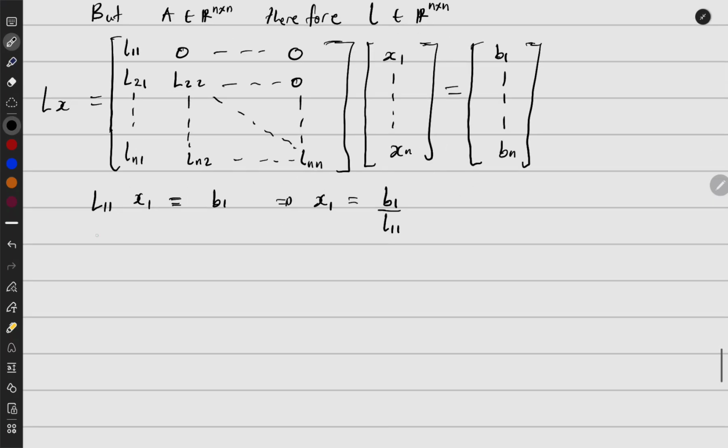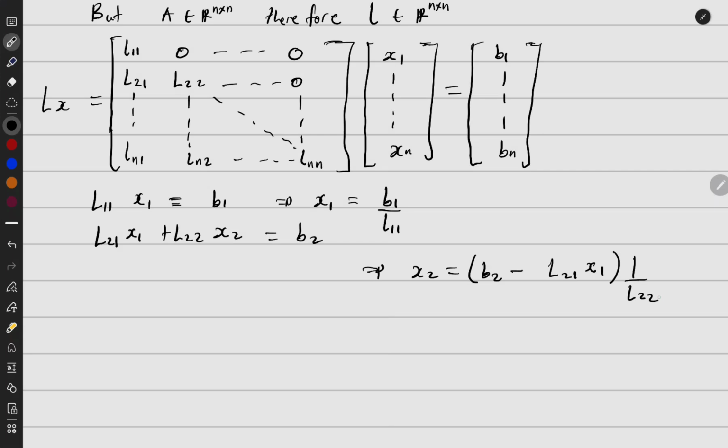Then I have L21 X1 plus L22 X2, which is supposed to give me B2. Because I already have X1, I can substitute it here to get X2. So X2 is going to be B2 minus L21 X1, which I got initially, and then I divide this entire thing by L22.